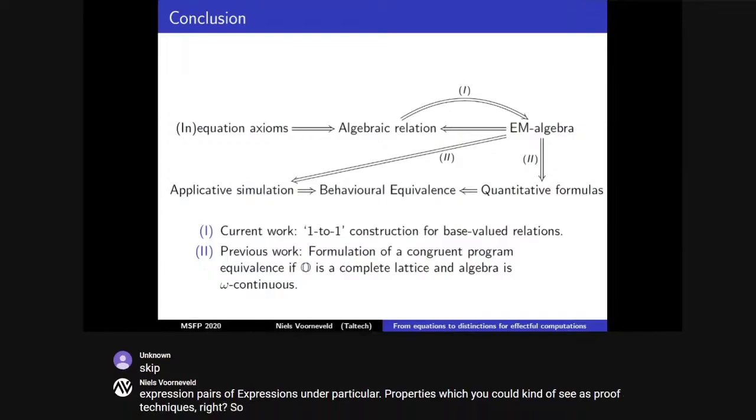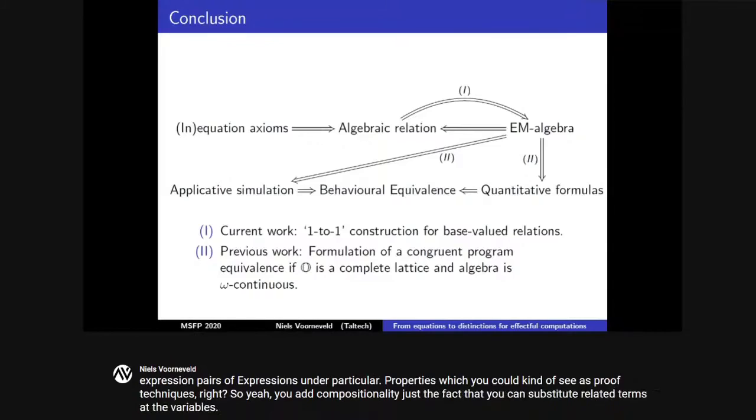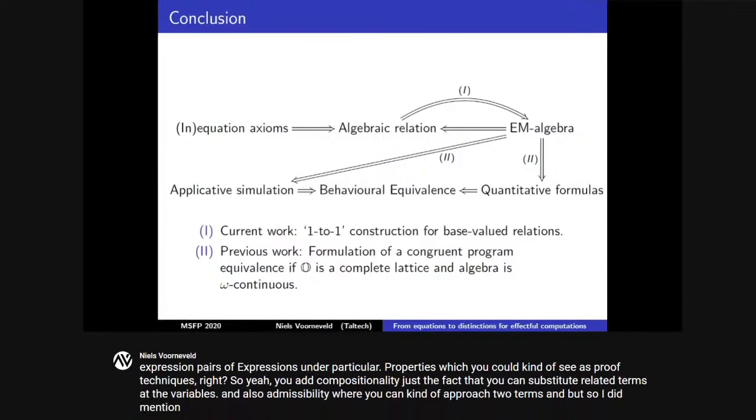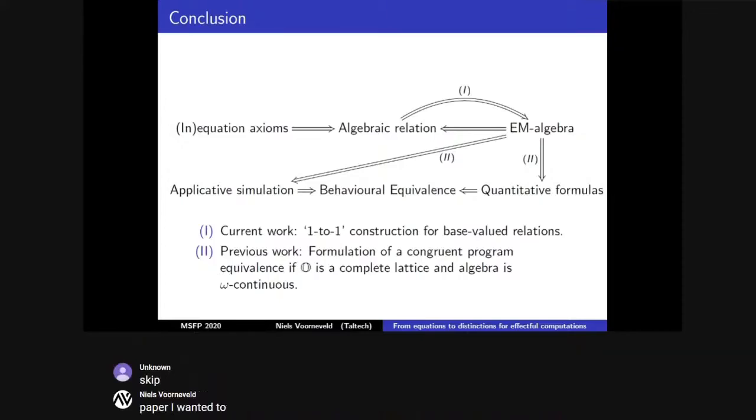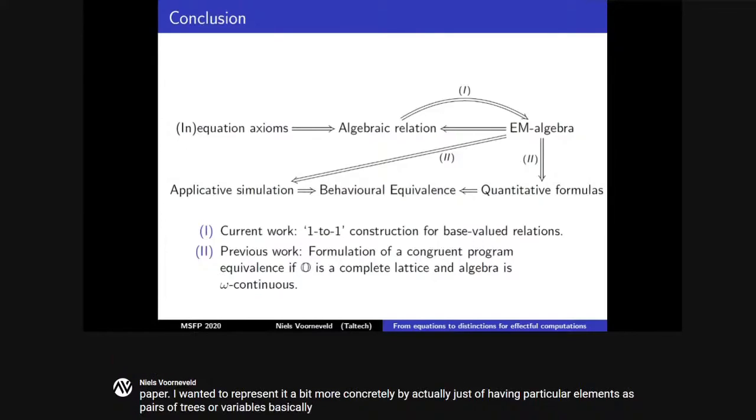So you add compositionality, just the fact that you can substitute related terms into variables, and also admissibility, where you can approximate two terms. But I did mention Lawvere theory because that is the setting that people look at more generally. In this particular talk and in the paper, I wanted to represent it a bit more concretely by having particular elements as pairs of trees of variables, basically, that represent equality, and then derive things from there. Okay, thanks.